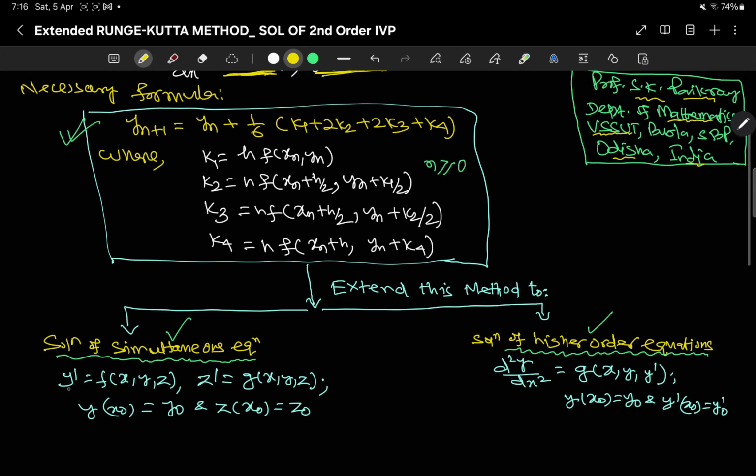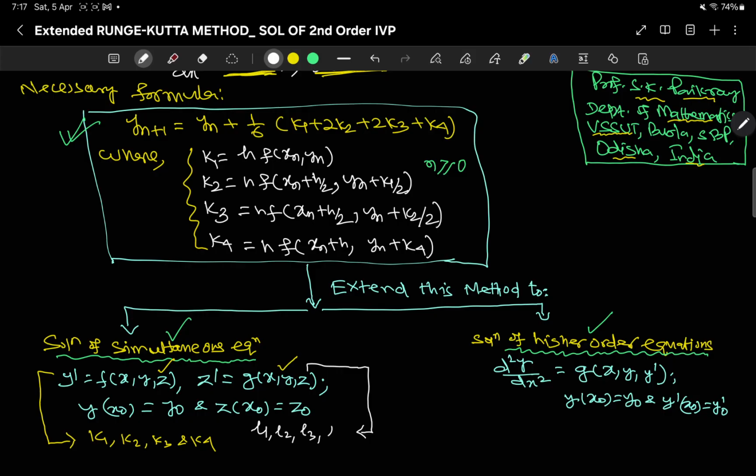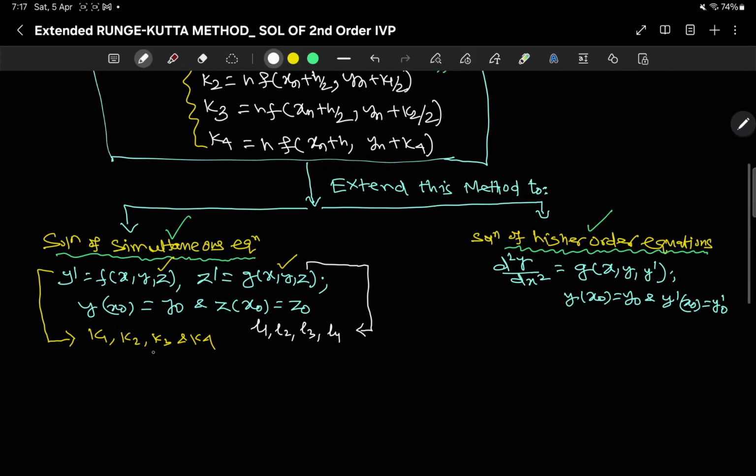Here, simultaneously we are given dy/dx = f(x,y,z) and dz/dx = g(x,y,z), with conditions y(x0) = y0 and z(x0) = z0. Likewise, with f(x,y,z) we compute k1, k2, k3 and k4, and with g(x,y,z) you compute L1, L2, L3, L4, and consequently you write the formula. We simultaneously compute ki and Li.